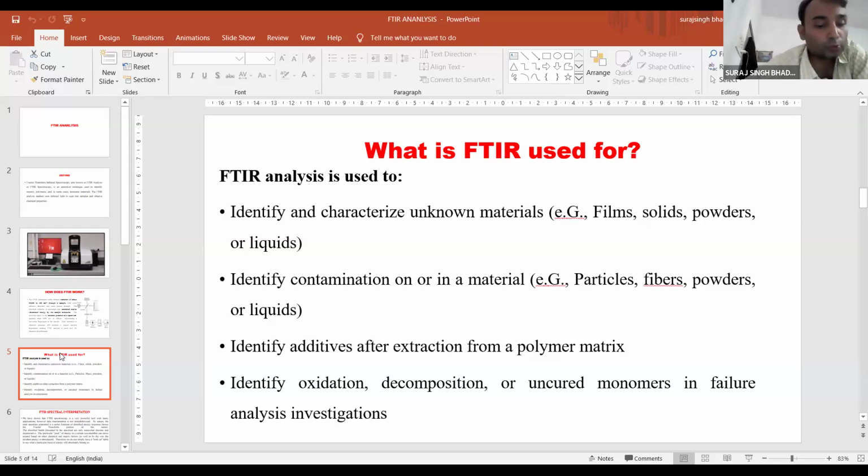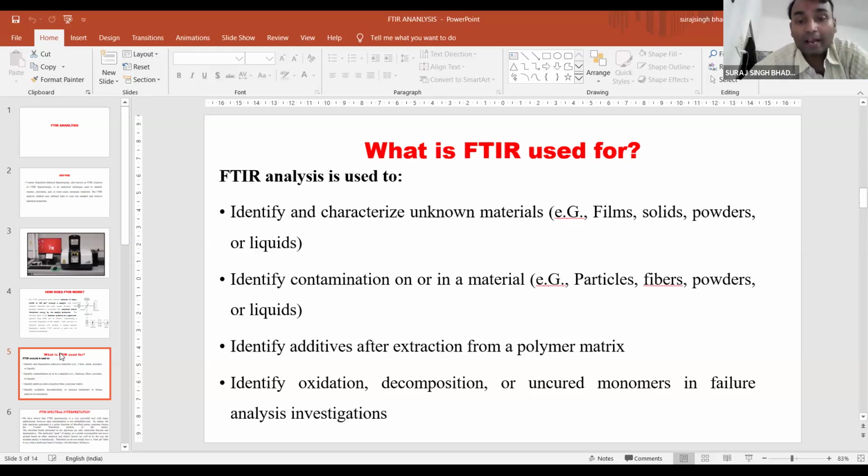Next is to identify oxidation and decomposition or uncured monomers in the failure of any investigation. So for this type of material, for this type of compound, we use FTIR.